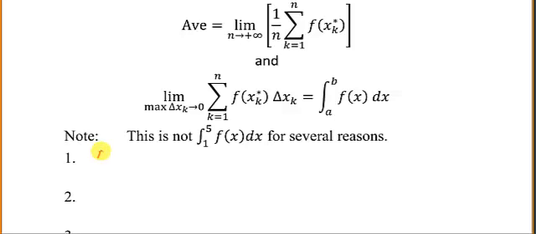So this delta x sub k is in the definite integral, not in the average computation. The second thing is that I have this 1 over n in the average computation, but not in the definite integral.